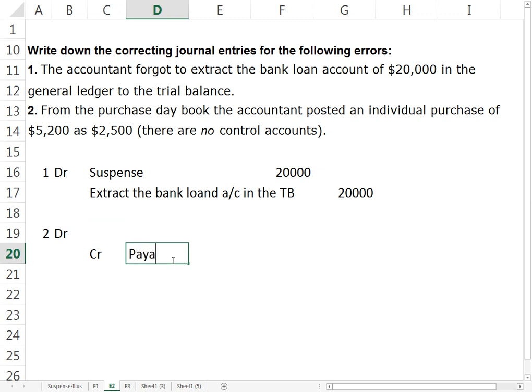So we credit payables ledger, whatever account that is, with 2,700, because it needs to go up, not come down, because it's a purchase. Payables is a credit, and then of course debit suspense just being the counter entry.